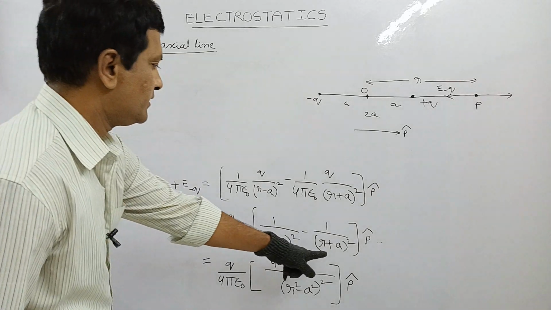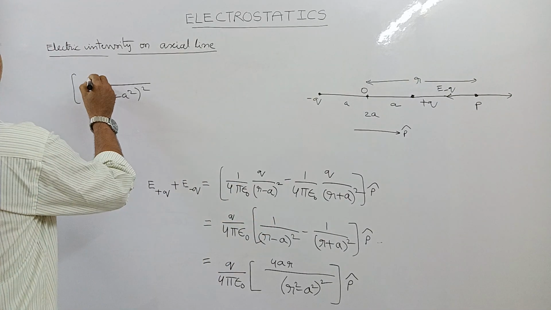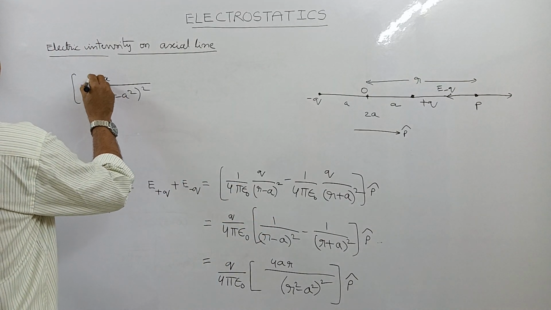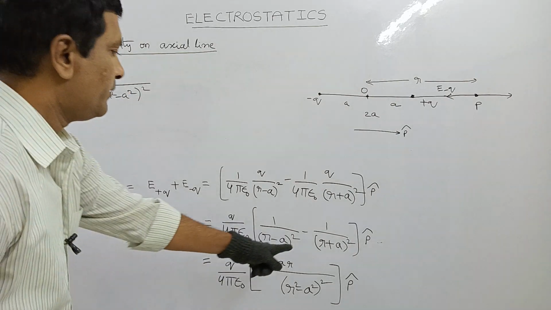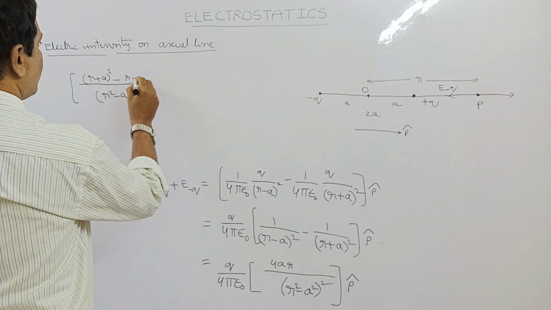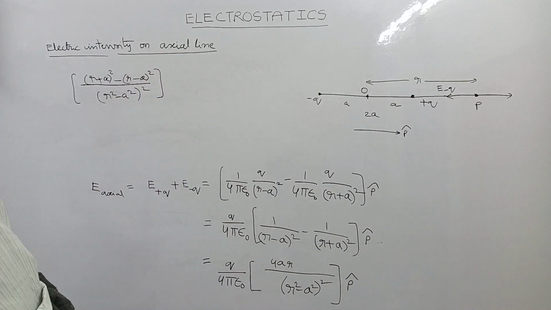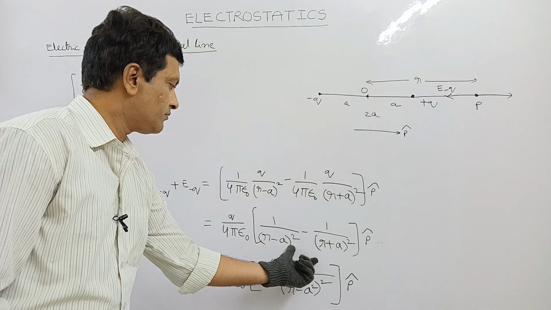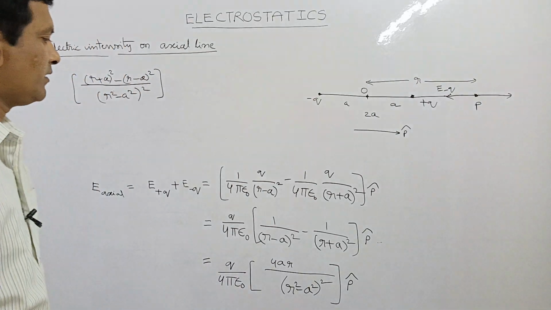This (r plus a) will go to this side, (r plus a) whole square, then minus (r minus a) whole square. I am telling you the simplification of this, how I have written directly this form.